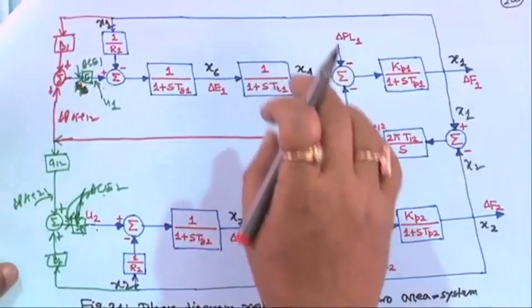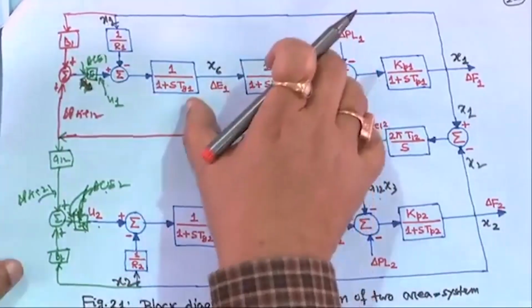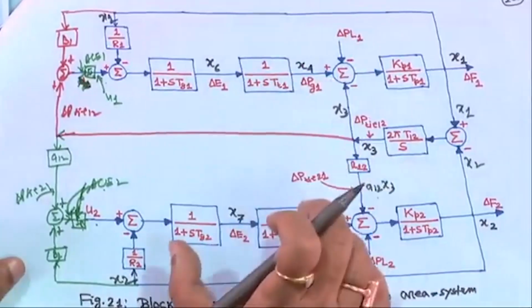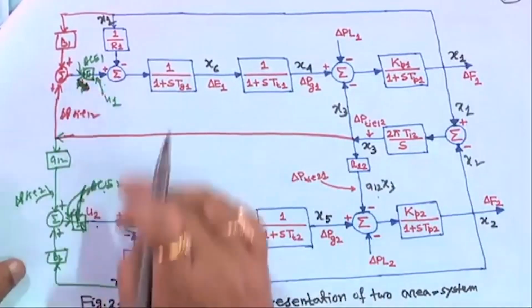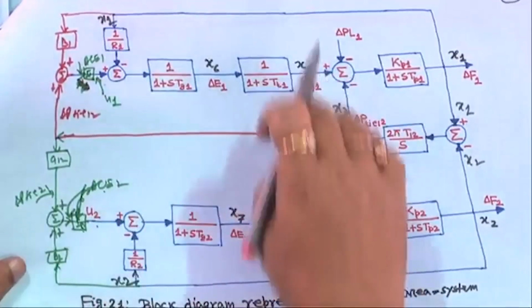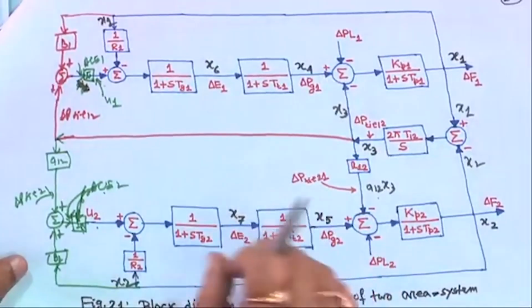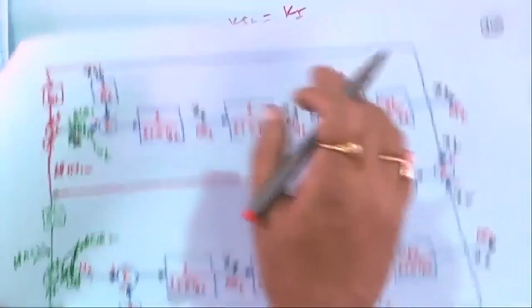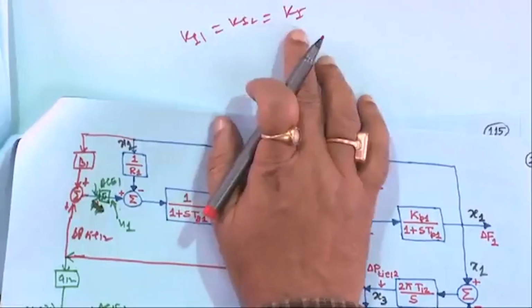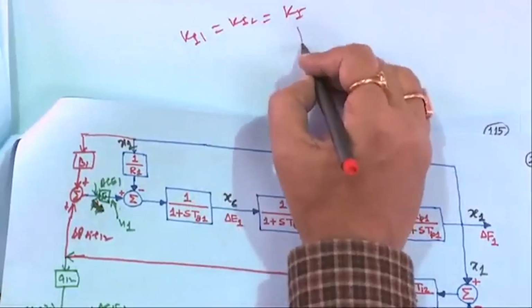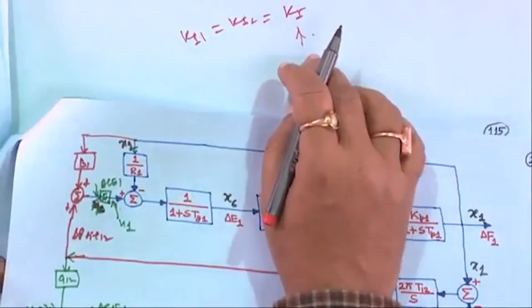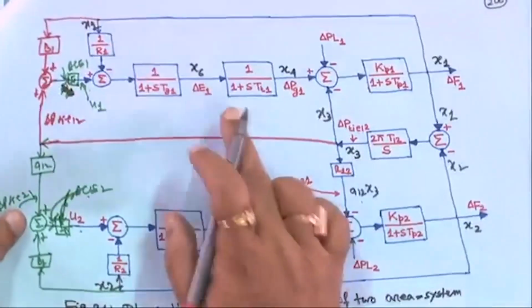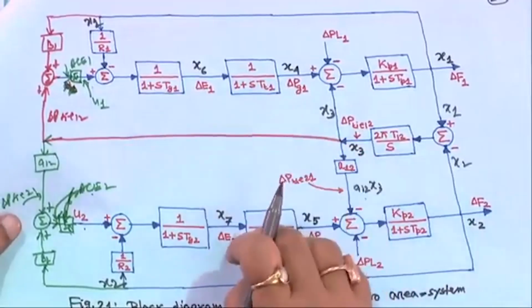But if, for example, this is a non-reheat type turbine and here it is a reheat type turbine, then Ki1 and Ki2 will differ, even if the ratings of both the areas are the same, because the units are different. Whenever you consider Ki1 equal to Ki2 equal to Ki, that means an equal area system with identical units in both the areas.